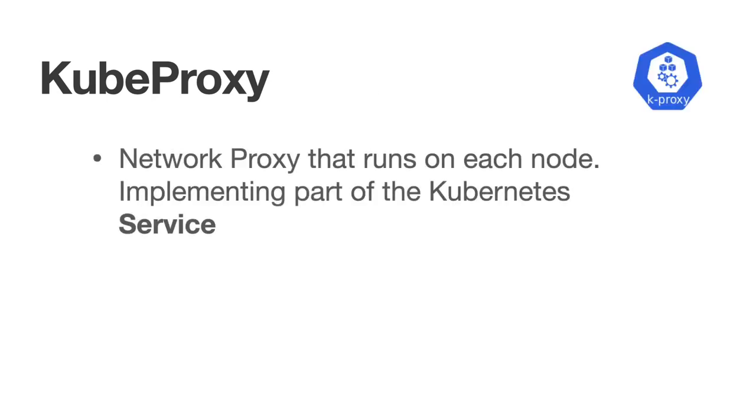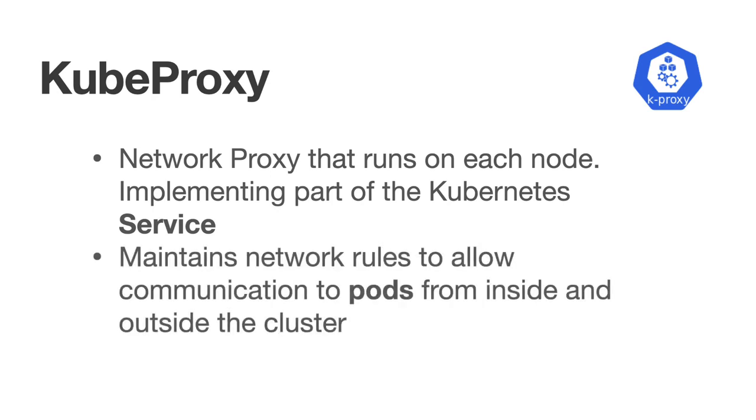The kube-proxy is a network proxy that runs on each node, implementing part of the service. We've been learning about services, cluster IP, load balancer, node port, and so forth. So kube-proxy is part of the Kubernetes service. It maintains rules to allow communication to pods from inside and outside of the cluster.